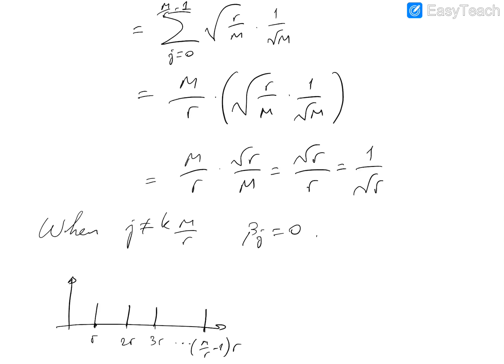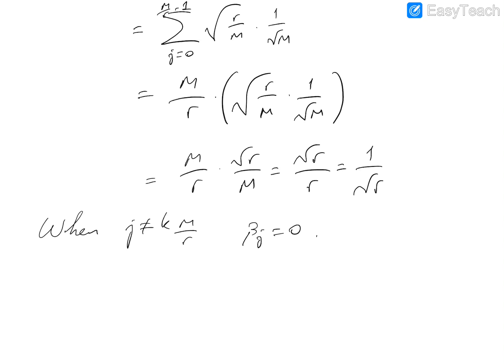So this was the state before the quantum Fourier transform, and now we have another superposition. We have a similar superposition, except that the period is m over r this time, and the offset is gone.